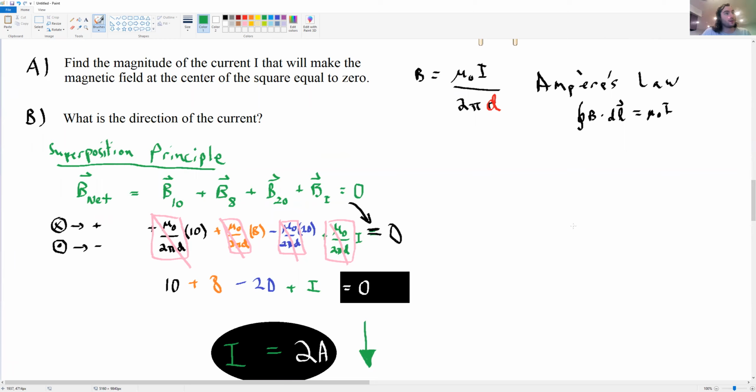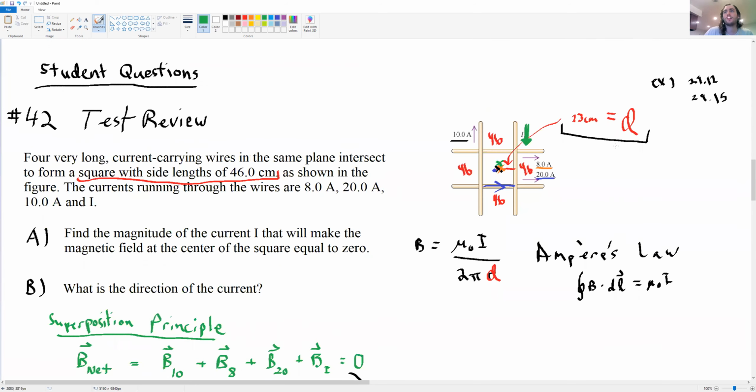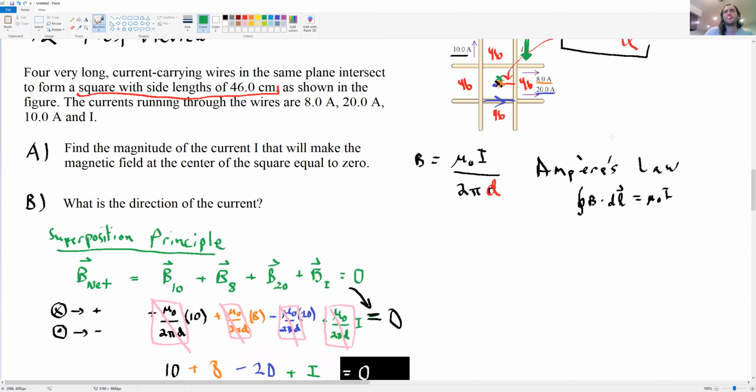All right, so that was one student question down. So now the floor is open to you guys again. Let me know if there are any questions, if there are any particular problems you want to see from any of the homeworks or from the review. So this particular question, I would say, is maybe from chapter 27 or chapter 28, maybe a little bit of both. Ampere's law in particular, I believe, is chapter 28.